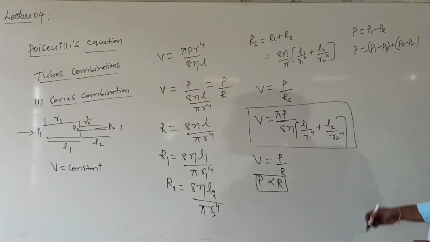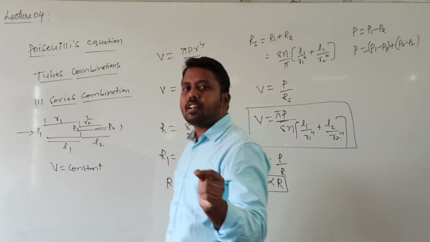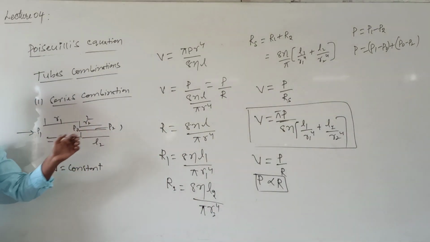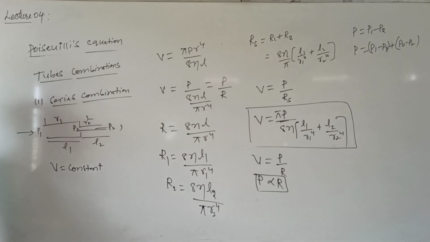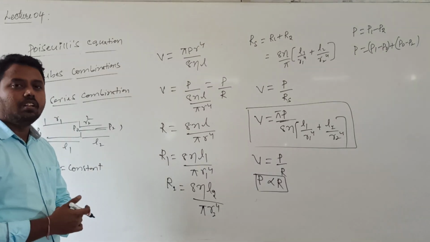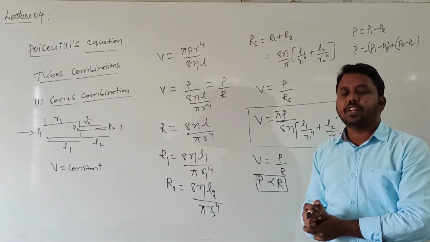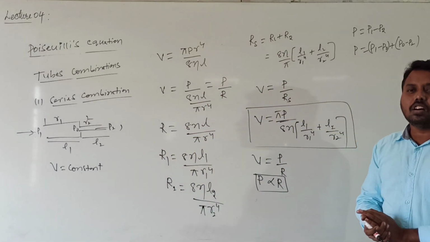Where P1 minus P0 is the pressure difference across the first tube, and P0 minus P2 is the pressure difference across the second tube. In the series combination of tubes, resistance is directly proportional to pressure difference. When the pressure difference is more, resistance is more.